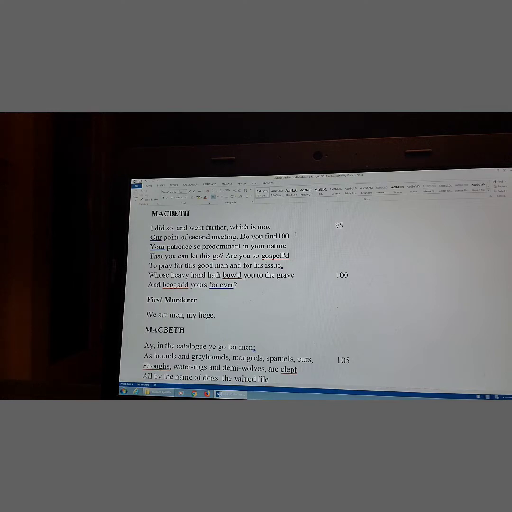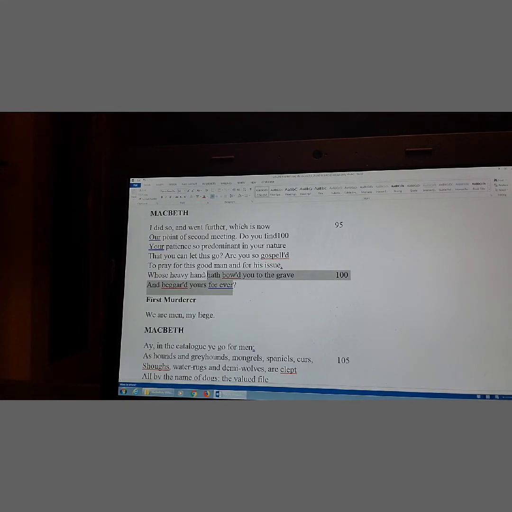Are you so gospelled to pray for this good man and for his issue," his issue again being his son, right? "Whose heavy hand hath bowed you to the grave and beggared yours forever."